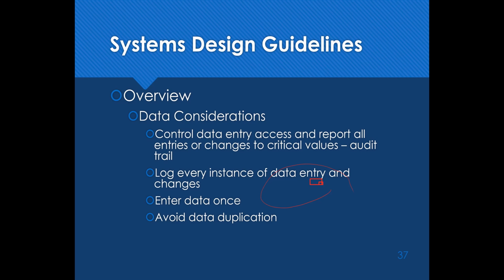Enter data once. That means you shouldn't ask the users to enter the same data all the time. For example, in some forms, when it asks you for the address, in the past it asks what is your citizen ID card's address, and then it asks you for the current address.